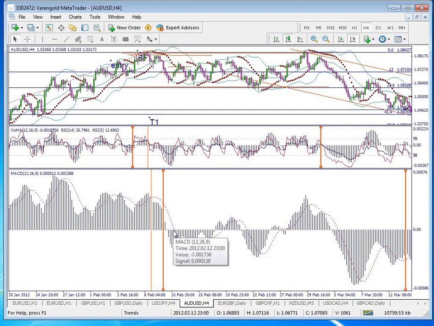Also, a lot of traders, when they see that the red line is going from the positive area to the negative area, and the histogram starts to form bars into the negative area, consider that a strong sell signal, and they are opening one or two more short positions again.